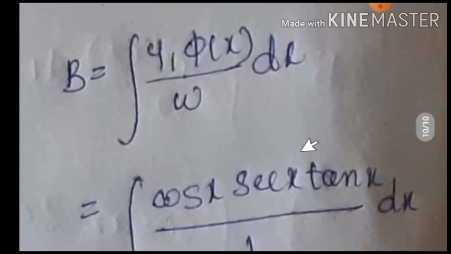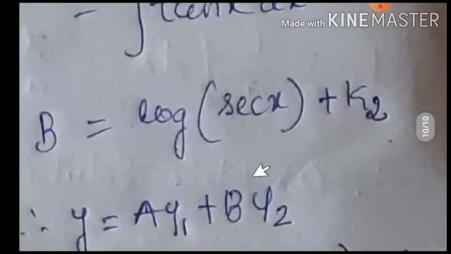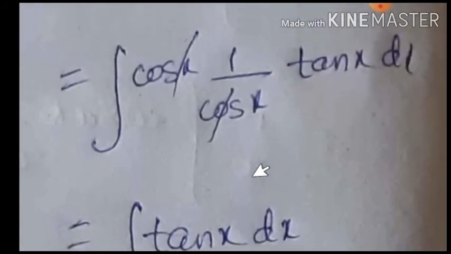So what is the formula for b? Integral of y1 phi of x by W. Substitute y1, phi of x is secant into tan, W is 1. Now simplify this step. Secant can be written as 1 by cos, correct?